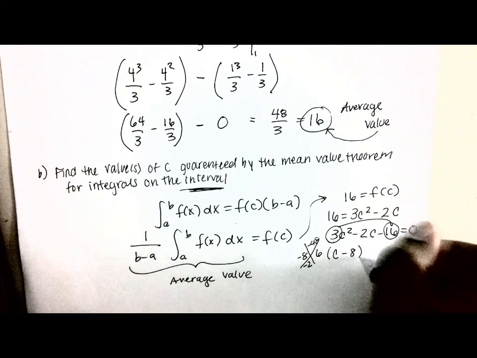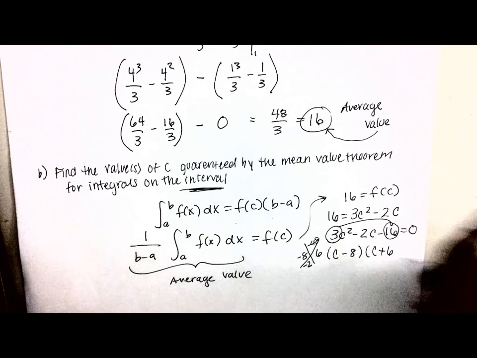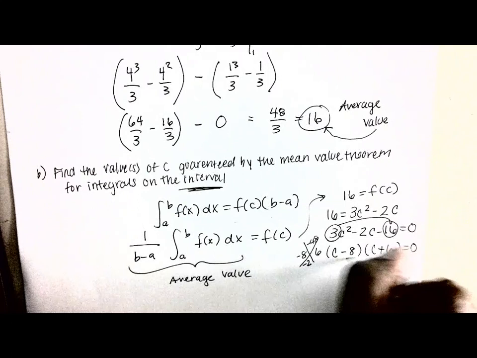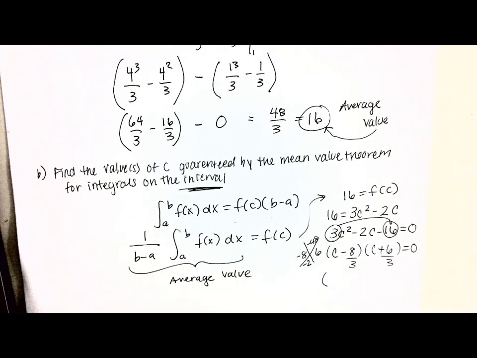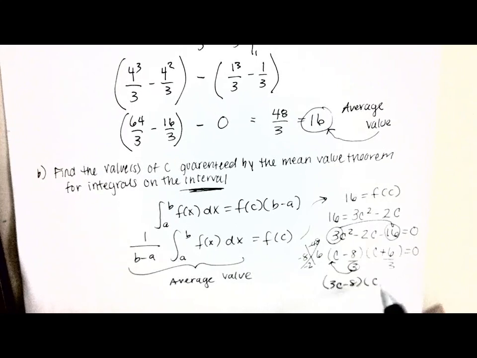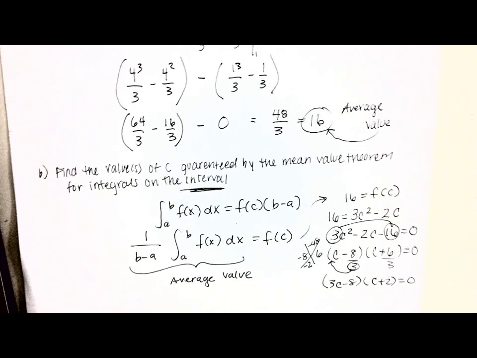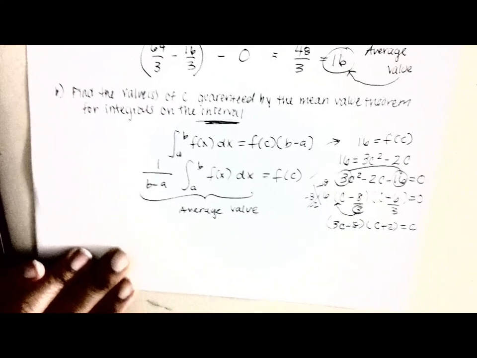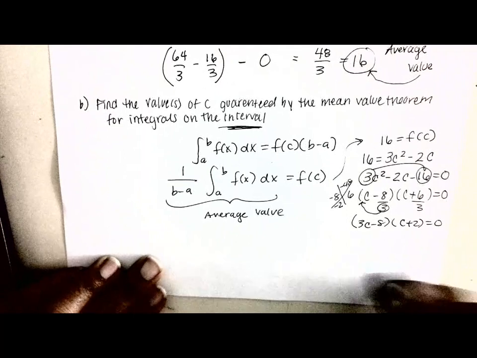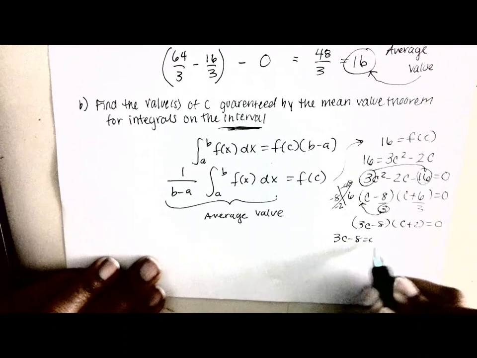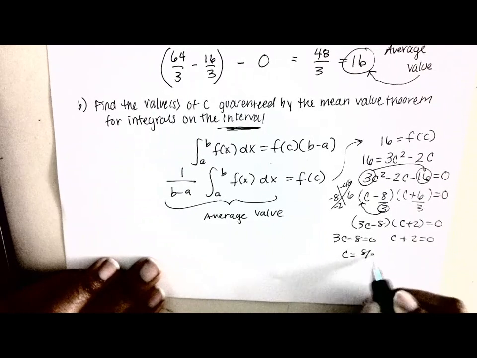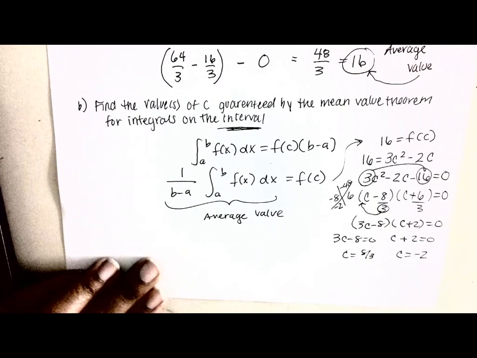So c minus 8 times c plus 6 equals 0. I borrowed a 3, I have to pay back a 3. Bottoms up: 3c minus 8, c plus 2 equals 0. Set both parts equal to 0. c equals 8/3 and c equals negative 2.